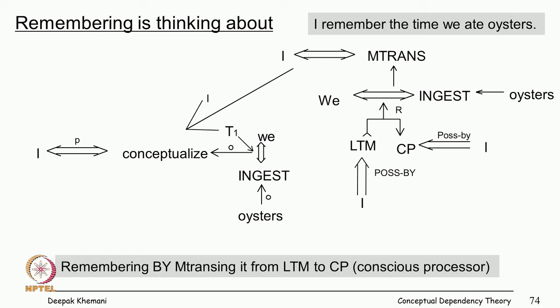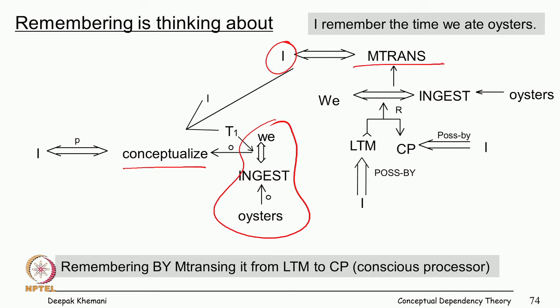So, when you talk about remembering, I remember the time we ate oysters, then you are conceptualizing about the event, the time that we ate oysters, and an instrumental act for this is M-trans, mental transferring from the long term memory to the short conscious processor.